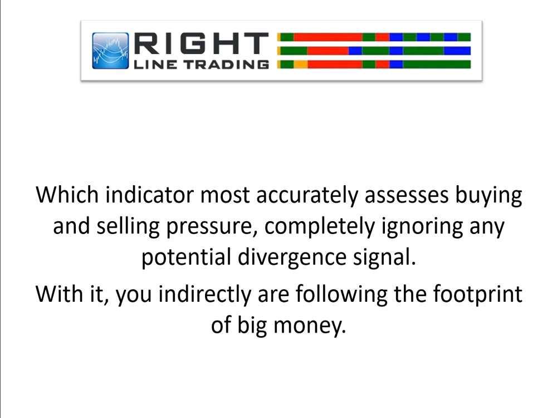Now, what indicator most accurately assesses buying and selling pressure, completely ignoring any potential divergence signal? Because this is what we're going to use. Because if it does, then what we are essentially doing is following the footprint of big money.